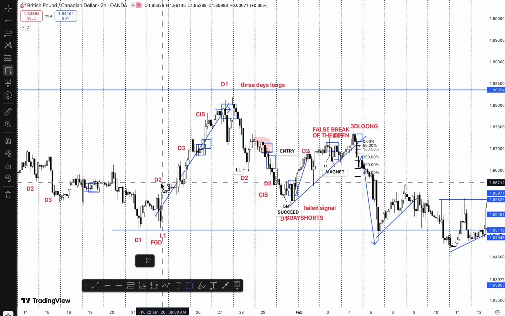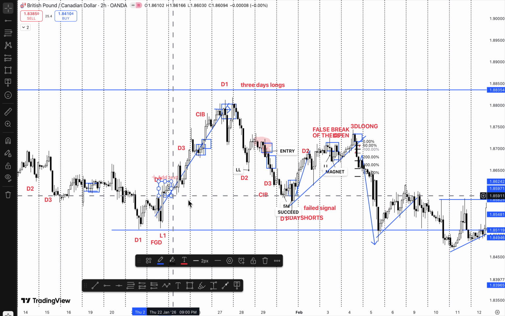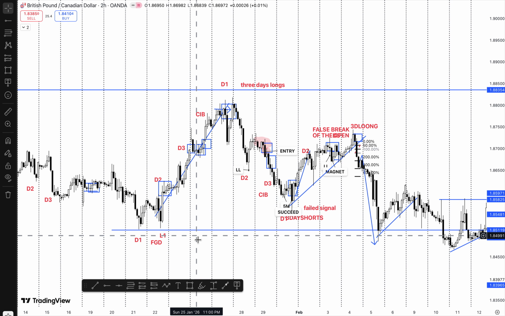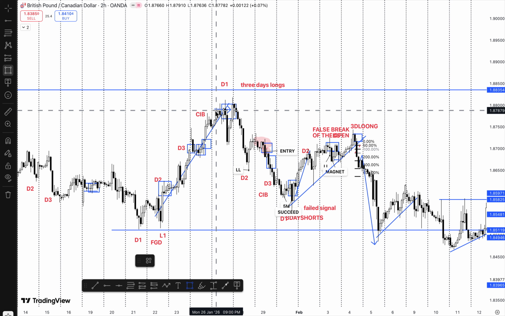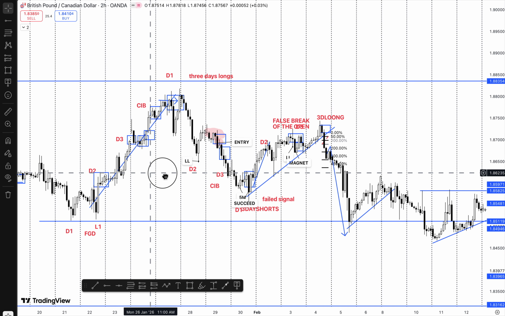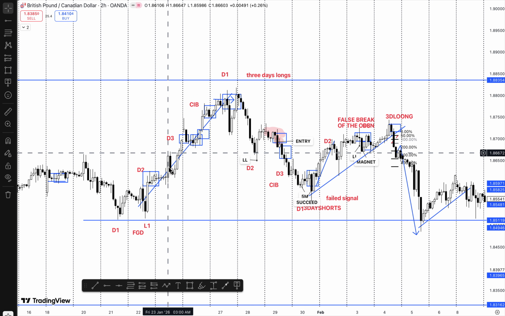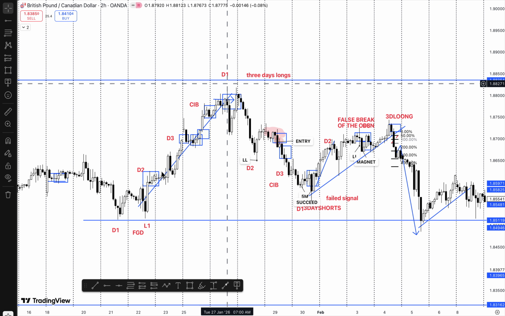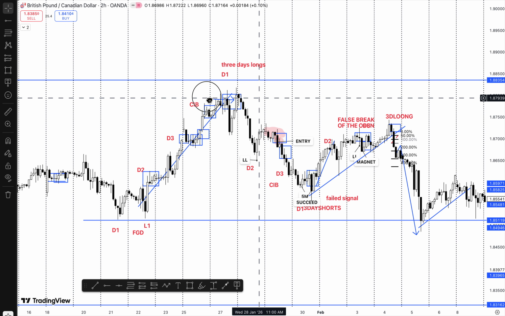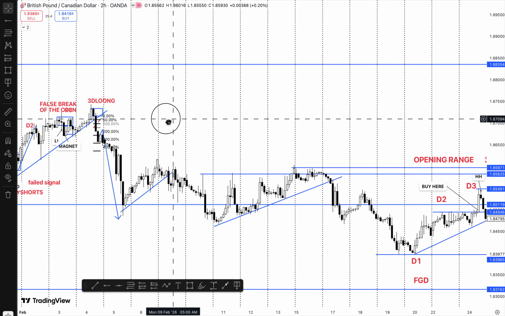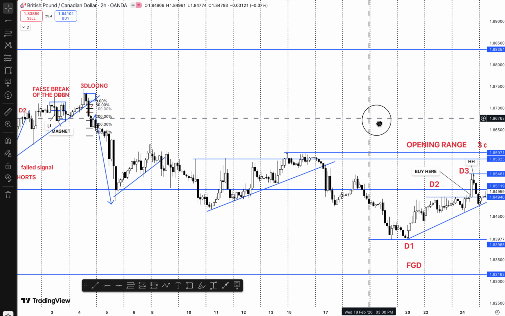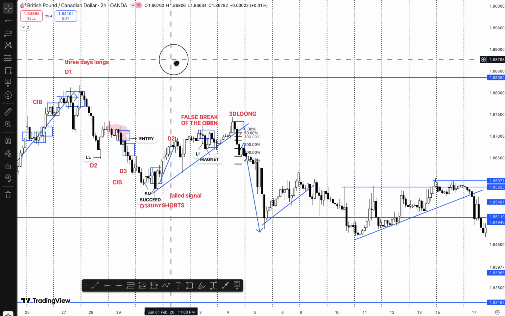Remember, 3 higher closes: 1, 2 and 3 higher closes. Now remember, I said they are the same thing: 3-day setups, 3 days of breakouts, 3 higher closes. We have 3 days of breakouts, 3 days of longs. You can see 3 days of longs. Almost everywhere you see me trade 3-day setup, 3 days of longs.